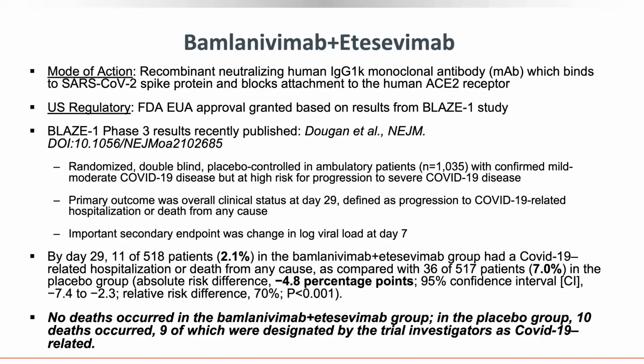Briefly, monoclonal antibodies, we hope that they will also be effective against the Omicron variant. So far, with what we've been using, these monoclonal antibodies, we've seen a good response. And I won't go into much of the study details. Most of us have seen this, but these are recombinant neutralizing antibodies.